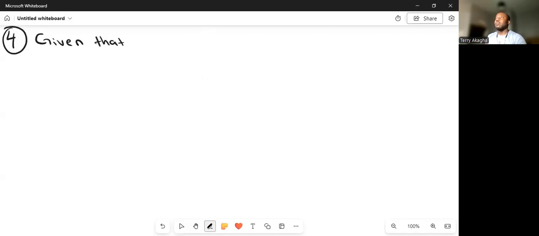vector M is equal to 2i plus lambda j, okay? And vector N is equal to mu i minus 5j, okay?